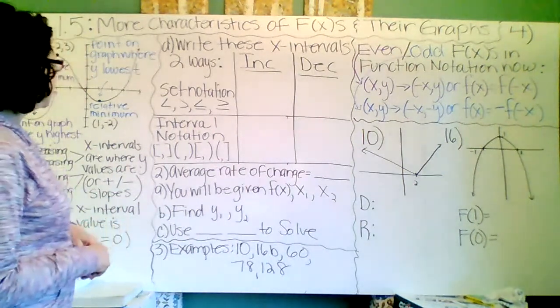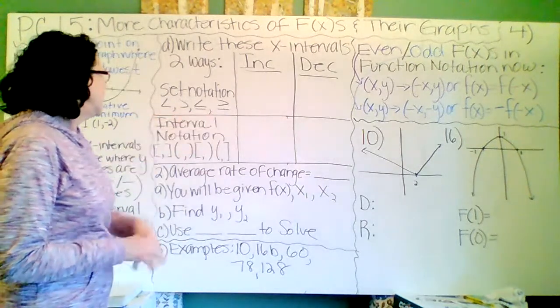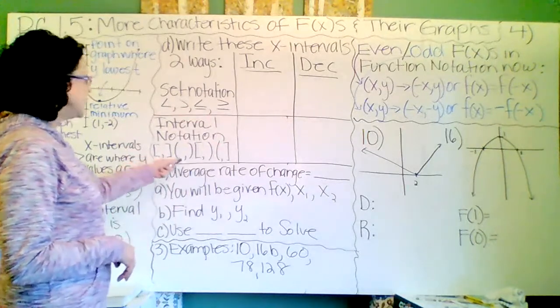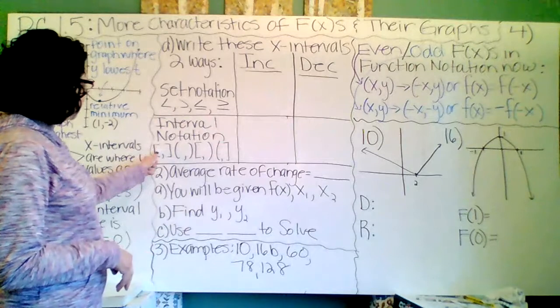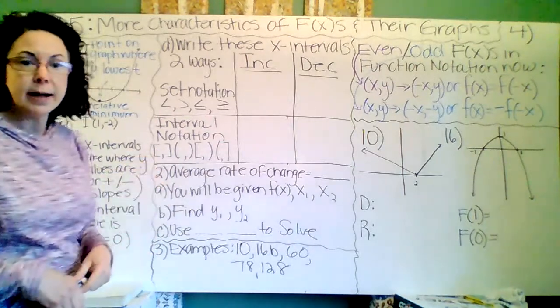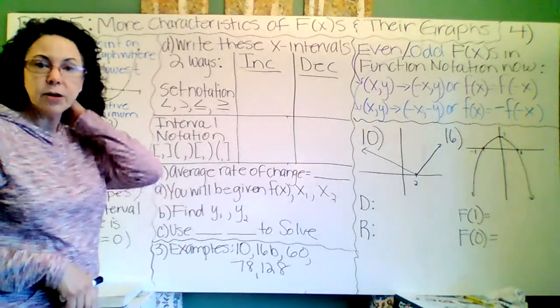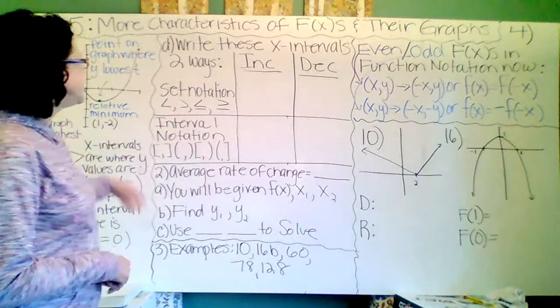This is where instead of using less than or greater than, or the less than or equal to, greater than or equal to, we use brackets and parentheses. And we also use a low value and a high value separated by a comma. So we'll talk about how you know when to use the bracket and when to use the parenthesis.